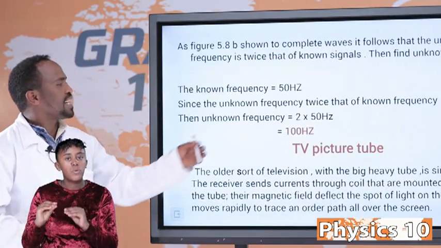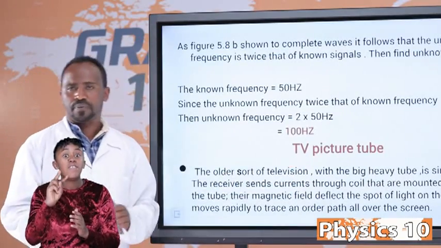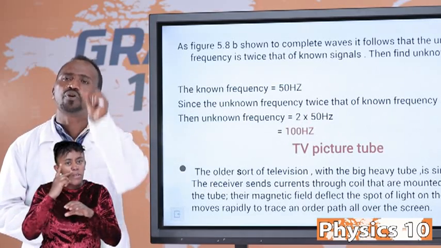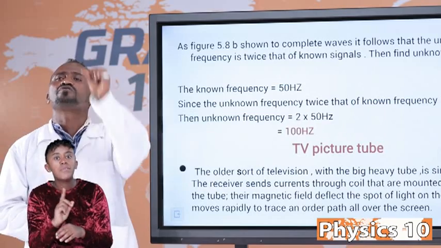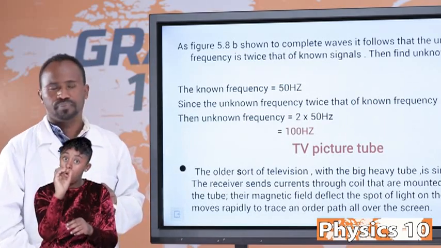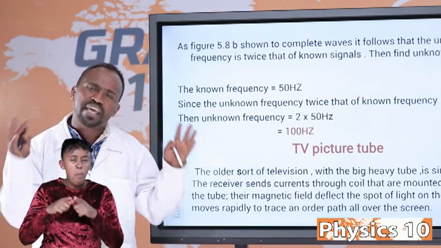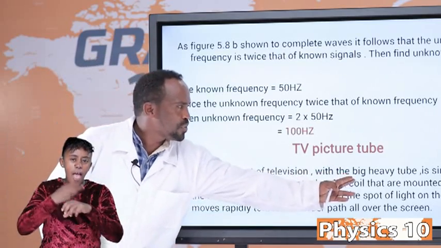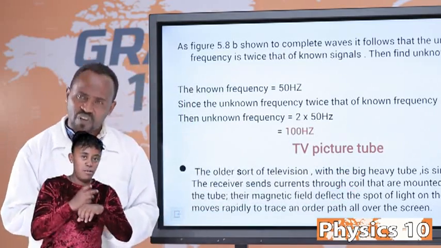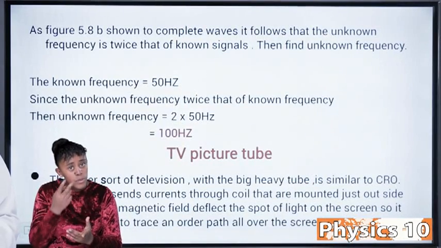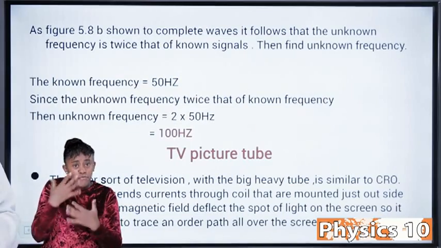Okay, students, let us see TV picture tubes. The TV that you see in your home works on the function of this cathode ray oscilloscope. The older sort of television, which is a big, heavy tube, is similar to a cathode ray oscilloscope. Students, do you see the old television?